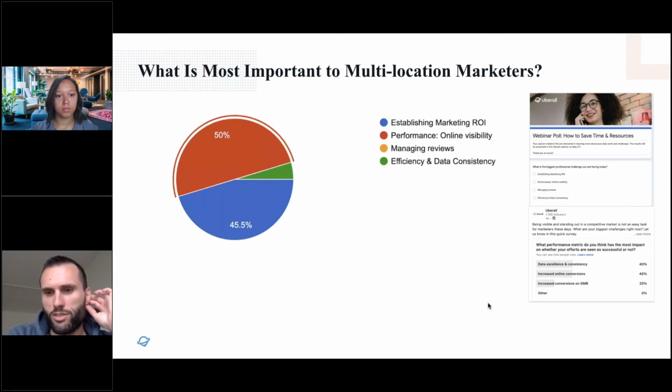What we found was that performance was the number one most important, and establishing marketing ROI was the second biggest challenge for multi-location marketers, and also for IT managers and people that deal a lot with data management. I also ran one on my own LinkedIn and found that efficiency and data consistency were big issues as well for those that need to manage the data for multi-location brands.